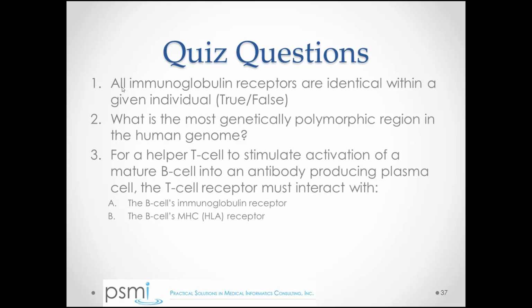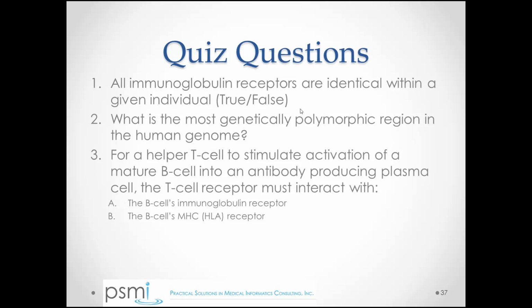So first question: all immunoglobulin receptors are identical within a given individual. True or false? False. Somatic recombination and somatic hypermutation can result in billions of possible receptors within a single individual, as opposed to HLA receptors, which are all identical within a given individual.